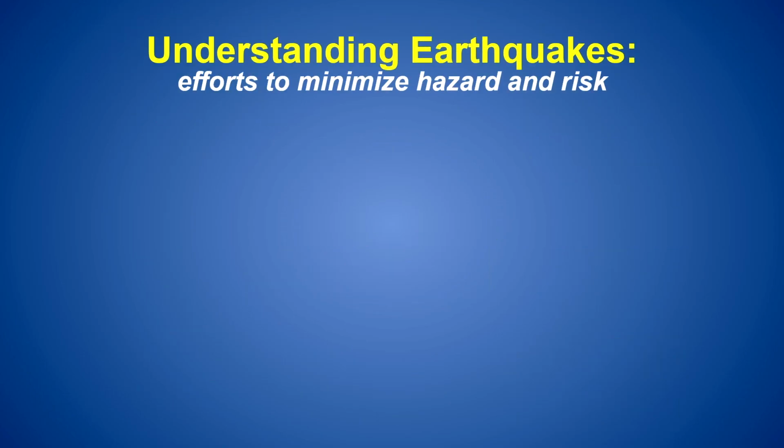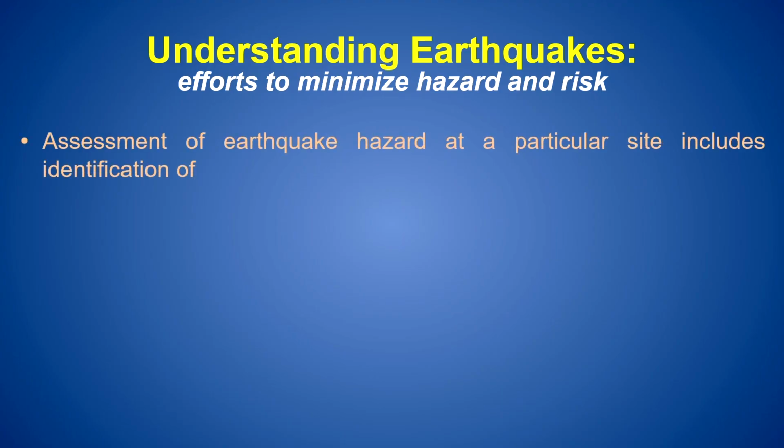Now, understanding earthquakes, this is the tagline I would say: efforts to minimize hazard and risk. Assessment of earthquake hazard at a particular site includes identification of the tectonic framework. This is what we were talking about, that we go on the global scale, then narrow down to regional, then local, and then site specific.